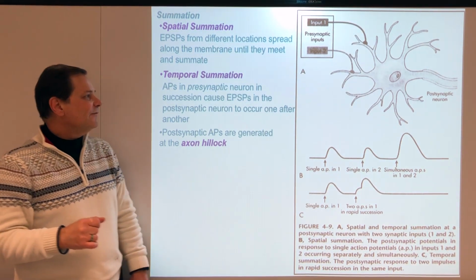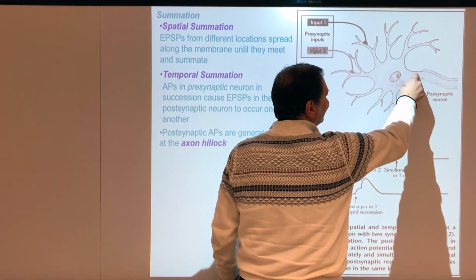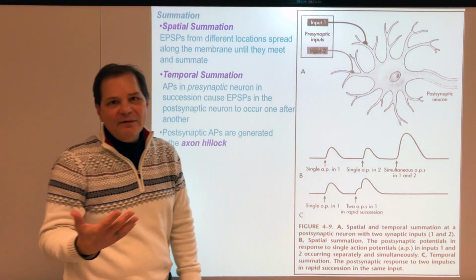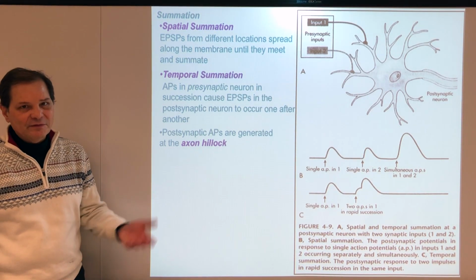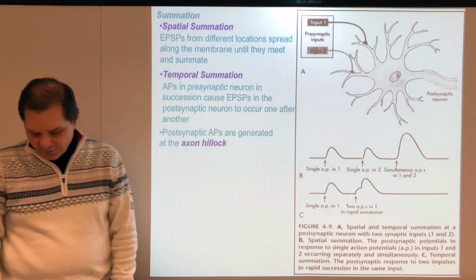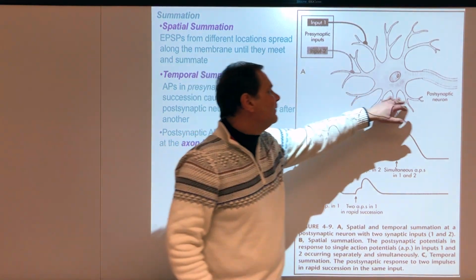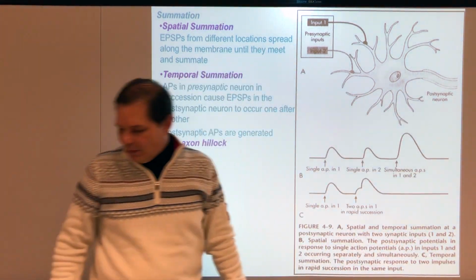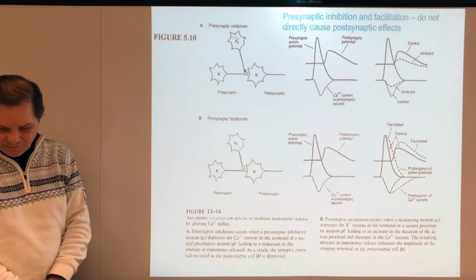And if the EPSPs that have now summated make it there and depolarize the membrane enough, you'll fire an action potential, okay? Because that's where the sodium channels are, that's where the action potential actually initiates. There are usually not that many in the cell body. You need to get it here before you actually propagate an action potential down this axon, okay?